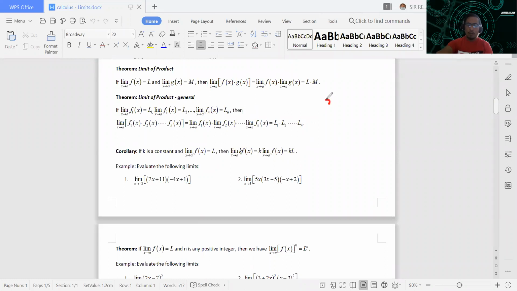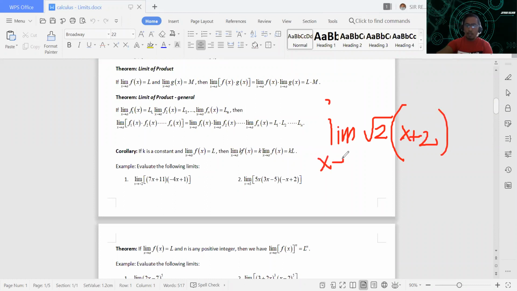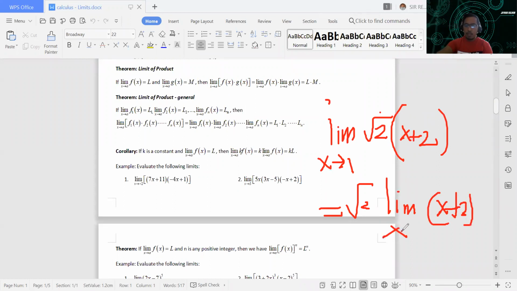Say for example, what is the limit of square root of 2 times x plus 2 as x approaches 1? What you do, class, is bring out the square root of 2, then the limit of x plus 2 as x approaches 1.